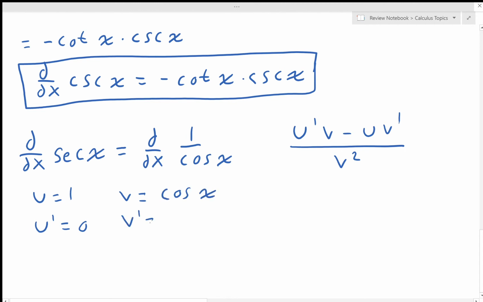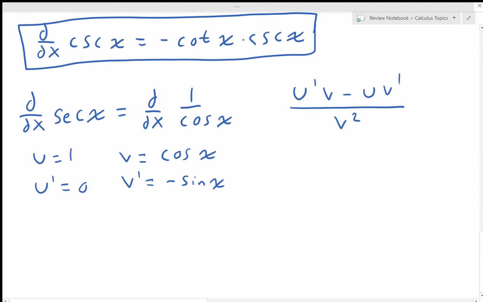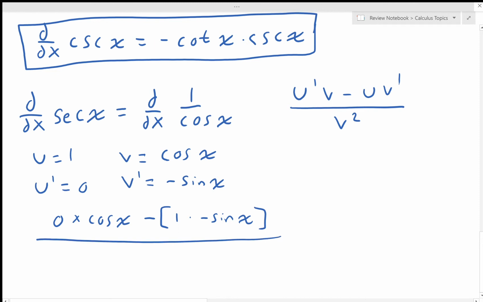V prime, because the derivative of cosine will change sign, so we get negative sine x. I have everything I need to plug it in. So u prime would be 0 times v, which is cosine x, minus u is 1, and then I have times negative sine x over v squared, which would be cosine squared x.